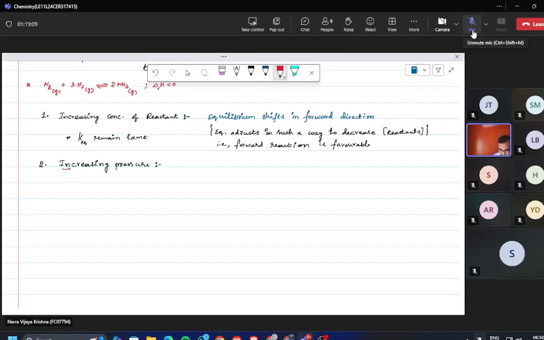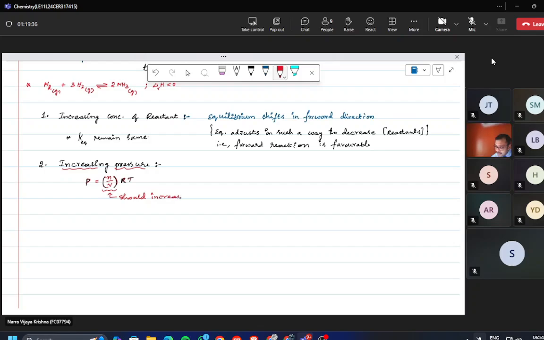I am increasing pressure, you know, PV equal to nRT. Can I write P equal to n by V times RT? R is constant. Then to increase P, what should happen to n by V? So n by V should increase.